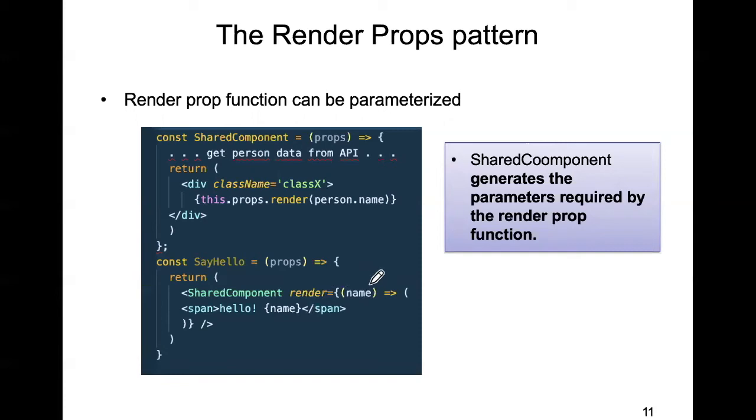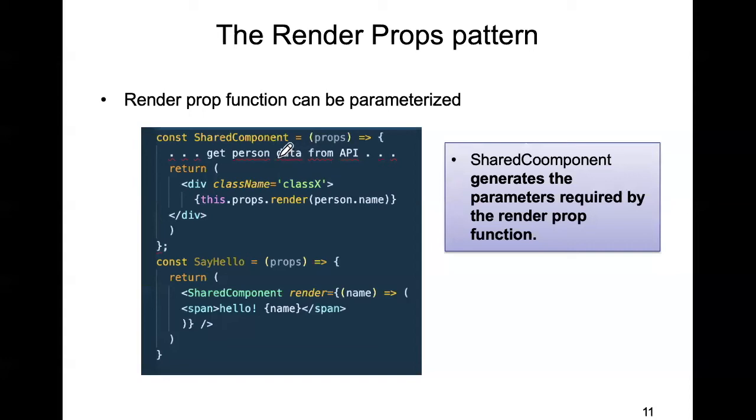Now, where does this parameter get its actual value from? Well, it's the shared component that actually determines the value for the parameter. We don't need to worry about the specifics of where it gets the parameter value, but it does get it somewhere in this logic, and it uses that parameter value then when it's actually calling the render prop function.